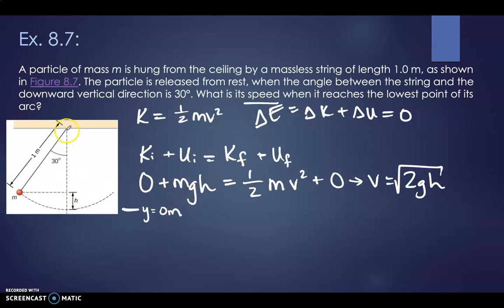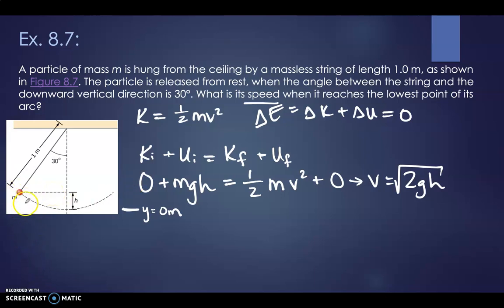So notice that the length of this string is 1 meter. In order to find this h, we're going to have to do a little bit of thinking with some geometry or trigonometry.